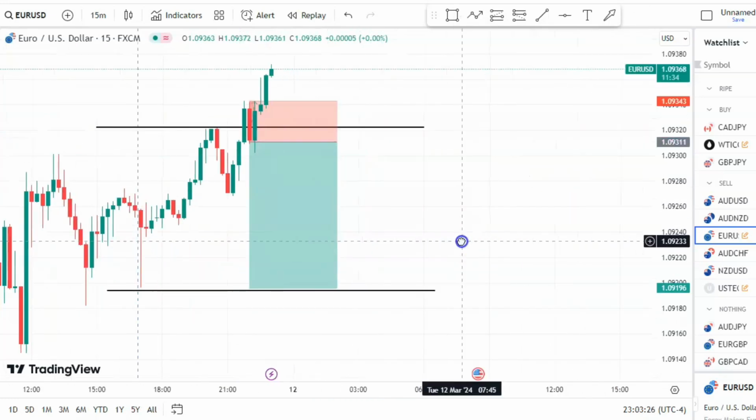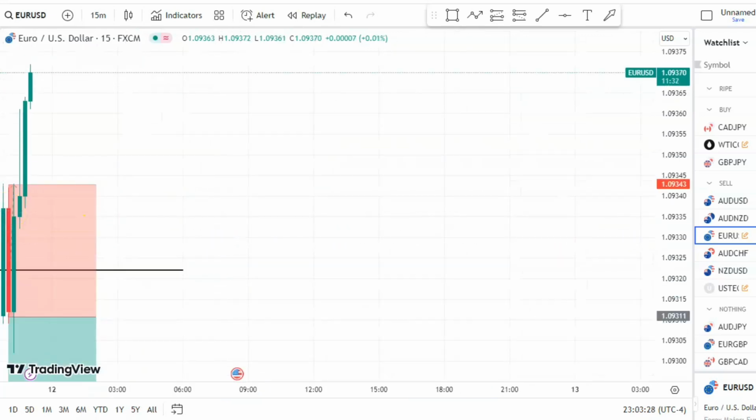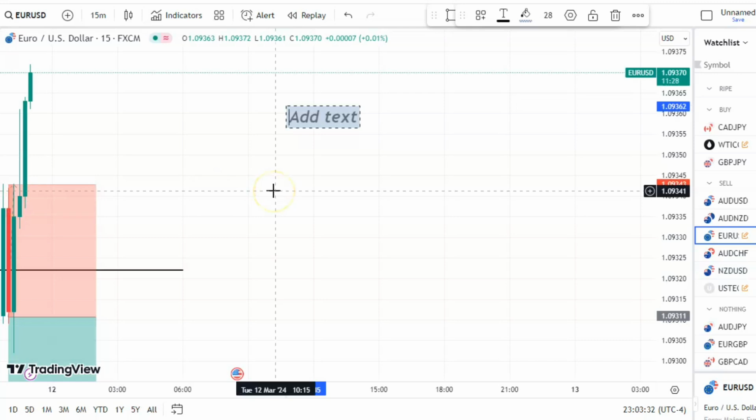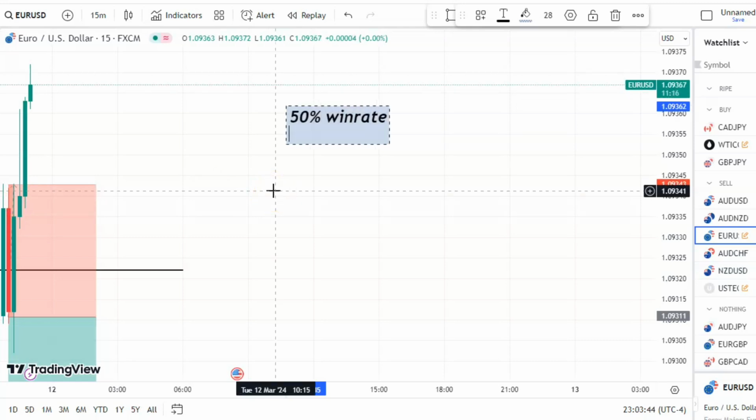So point being, we ran the maths. On average, this strategy has a 50% win rate.